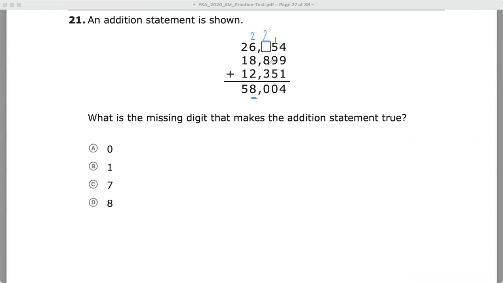And 2 plus 8 is 10, plus 3 is 13. So 13 plus what equals 20? 13 plus 7. So 2 plus 8 is 10, 7 plus 3 is 10, so that's 20, carry the 2, and that's our missing digit.